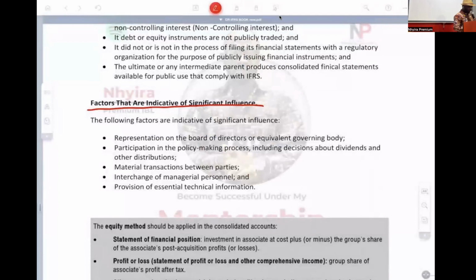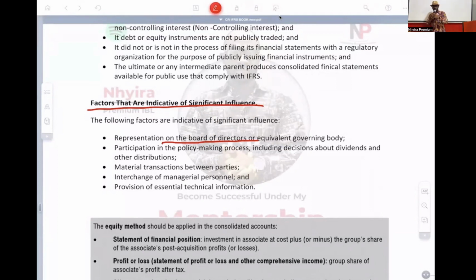One, representation on the board of directors or equivalent governing body of the company. So when we have a representation on the board, remember, we don't control the board. It is not about having the majority of people sitting on the board. We have a representation. By virtue of the fact that we have a representation on the board, it is a significant influence.